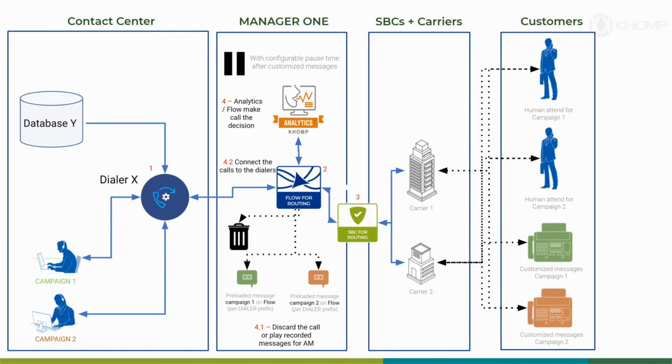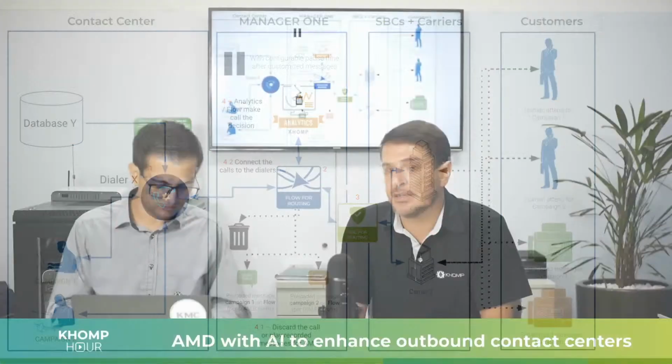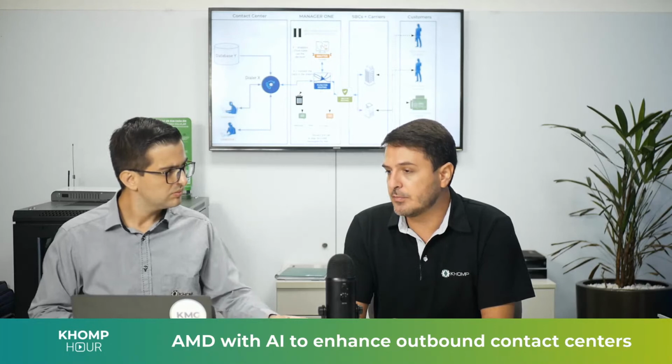So Everton will tell us a little bit more about how we handle it right now, because he's the engineer. It's very important to say Flow is ready for any integration that the dialers want to do. For example, we can configure a lot of different status codes for the disconnections.